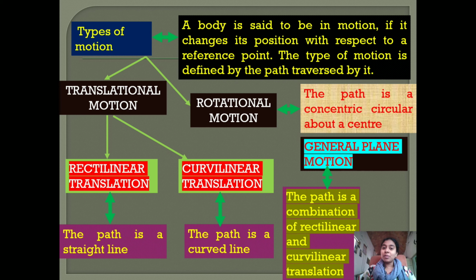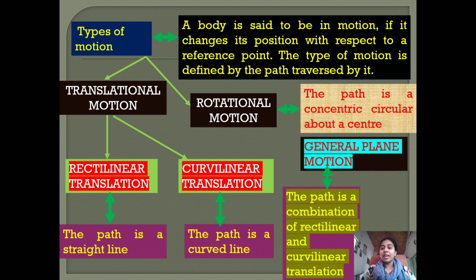In translational motion, we have rectilinear motion and curvilinear motion. That is what we have studied in our fourth module. And in the fifth module, we are studying rotational motion, and in rotational motion, we have already studied the kinematics of rotational motion and kinetics of rotational motion.